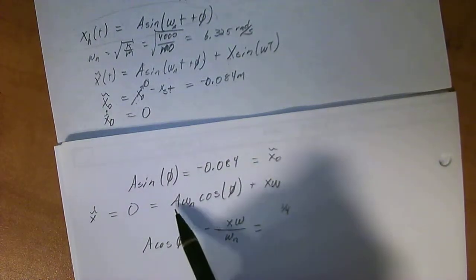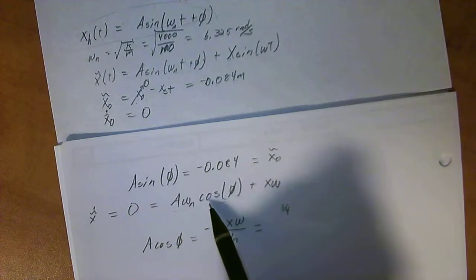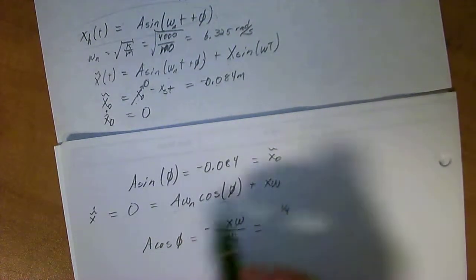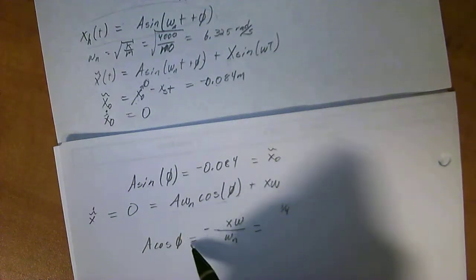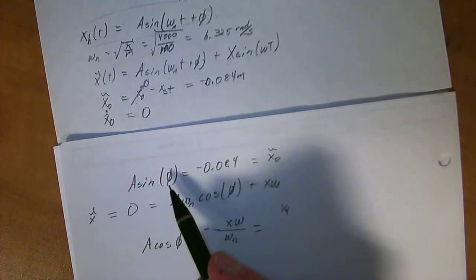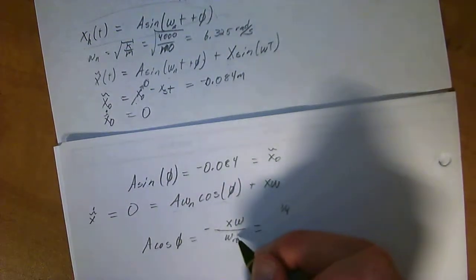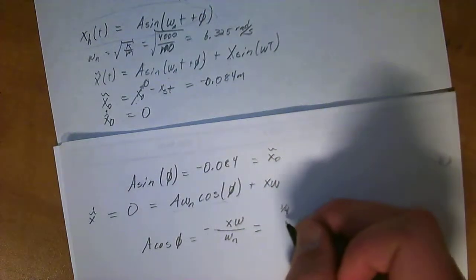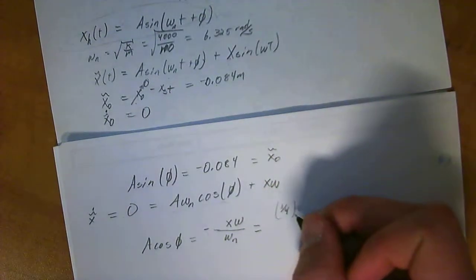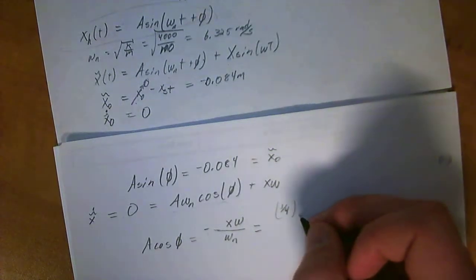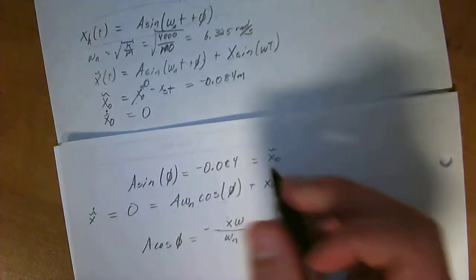So yes, taking this equation, you take A cosine, you divide by X, subtract this over to the other side, divide by omega_n, then you have A cosine phi. You solve for that, you get negative X omega over omega_n, which is going to equal 1/4 meters, which we calculated earlier, which is the value of X, the large value of X. This is capital X.